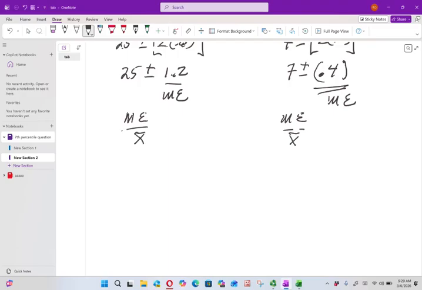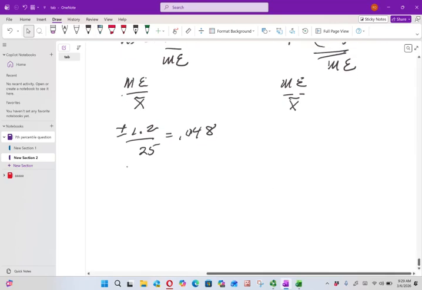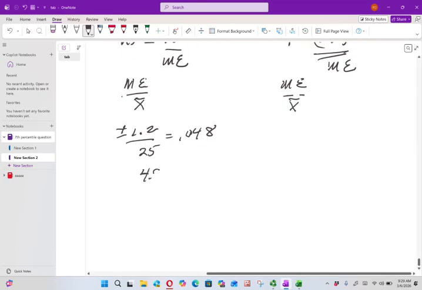even though the units are completely different, if I take 1.2 and divide it by 25, I get 0.048. So that for the American cars, or the American specification, I have plus and minus 4.8% of the mean.